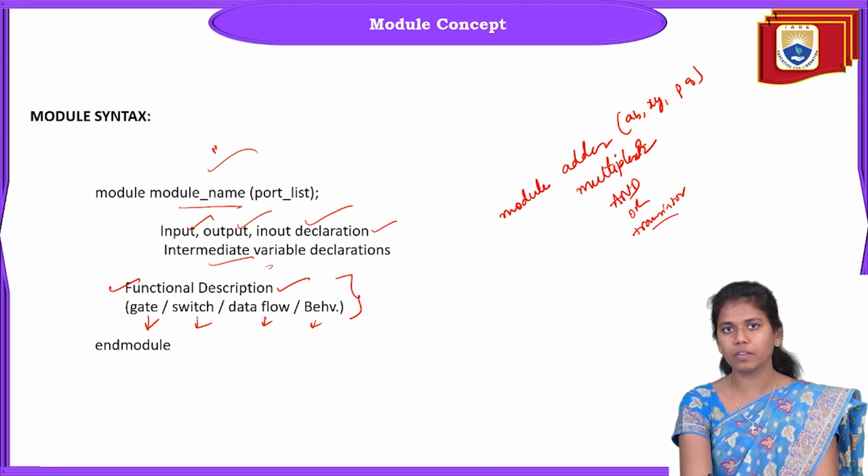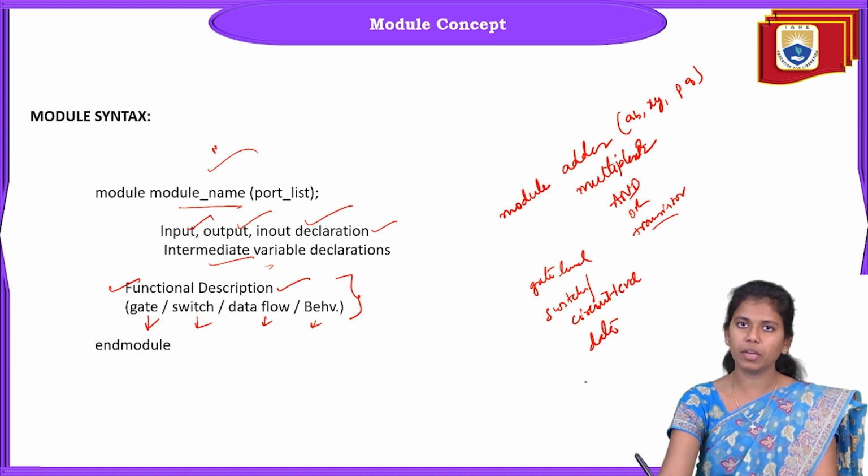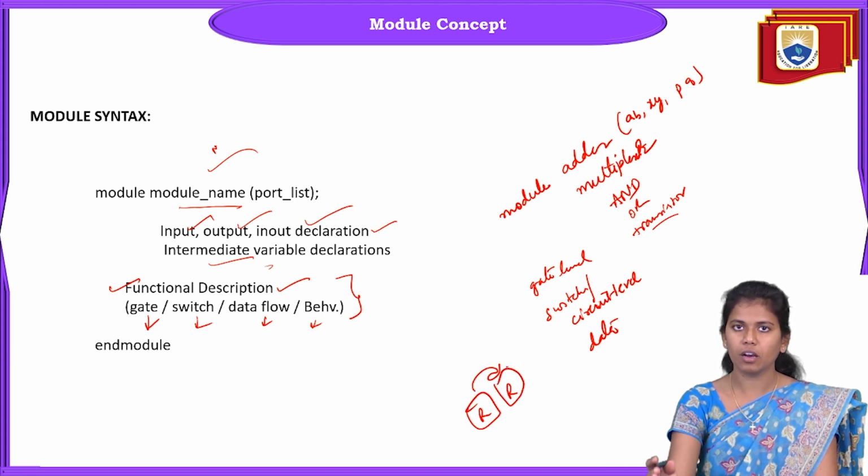In the previous class, we discussed what a gate level module is. Okay, what is a switch level module? Another name for switch level is circuit level. And the data flow: data can be transferred from one register to another register easily without any interruption.